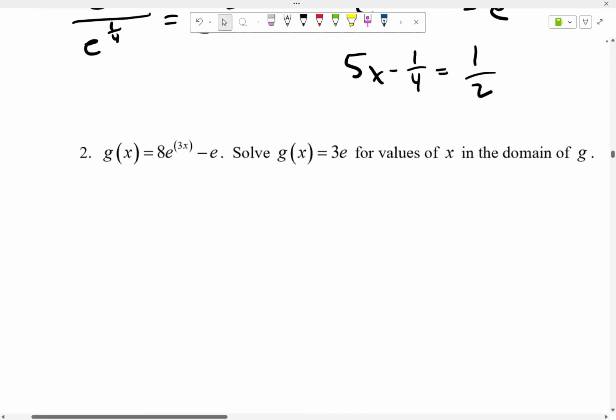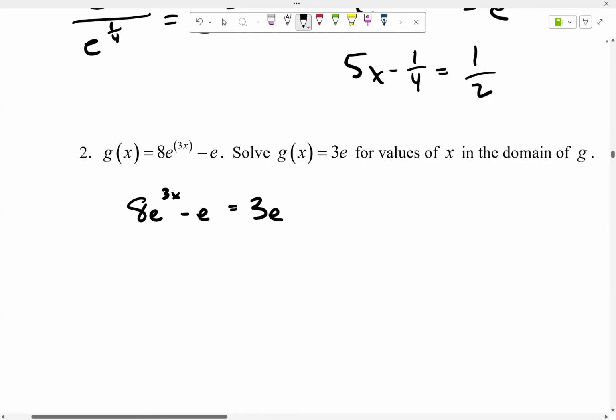I hate over-parenthesizing. Are those parentheses really necessary? I agree with you. So e to the 3x minus e, and we want to set that equal to 3e. How should I do this one? I could move the e, but I'm not going to.